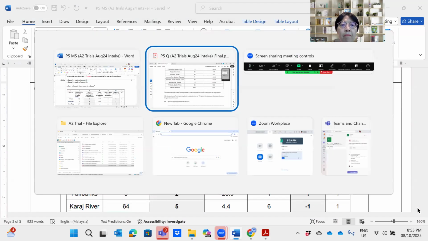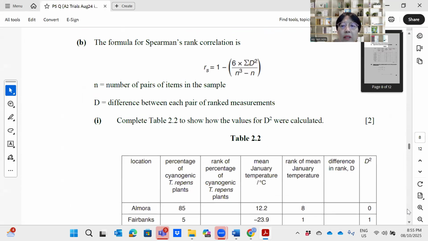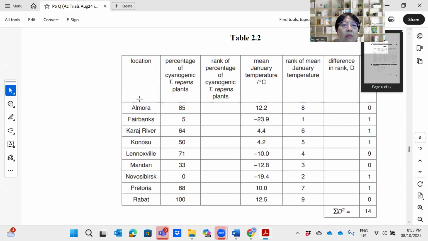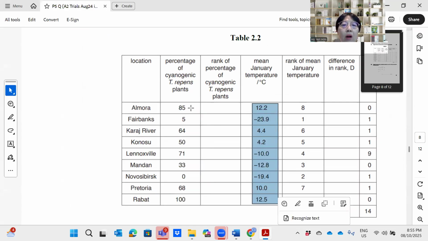Okay, B part 1. The formula is given, and you're asked to actually calculate. Number 1, you're asked to rank. This is the percentage plants, and this is the temperature. You have a pair of data, and they ask you to rank all the individual data for both variables.